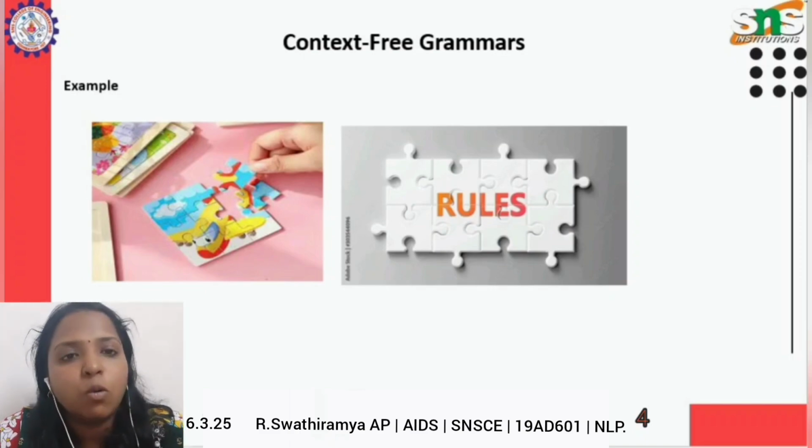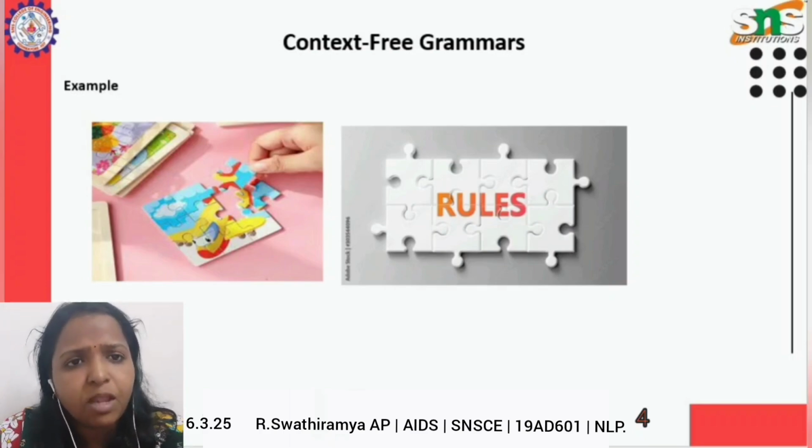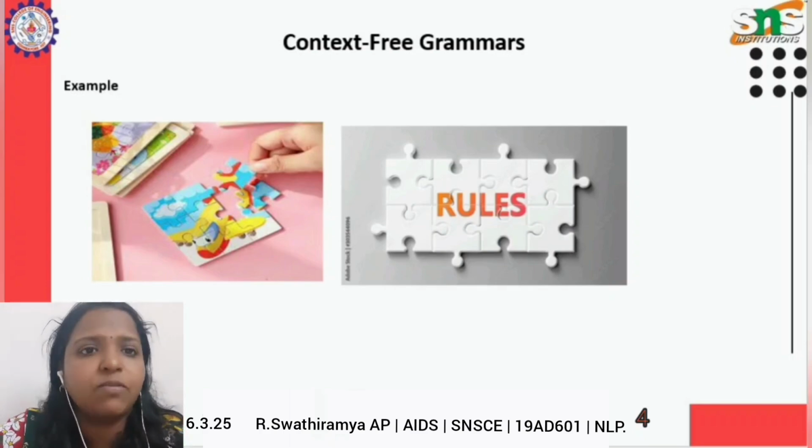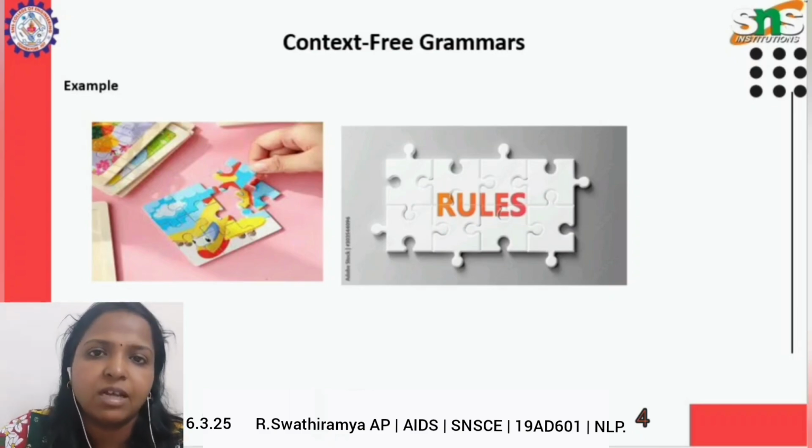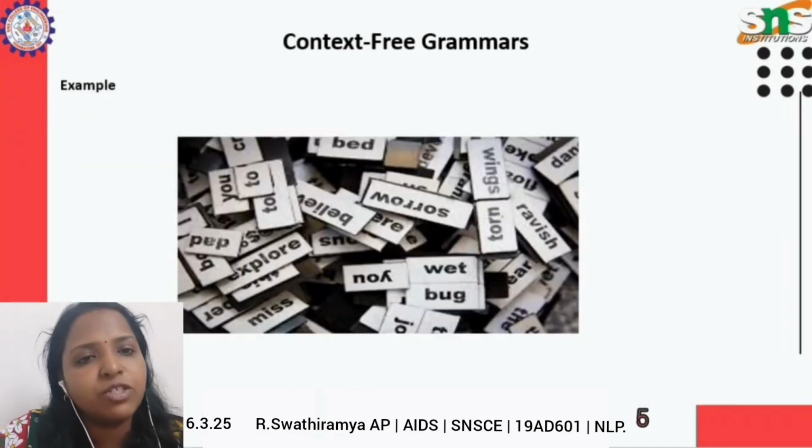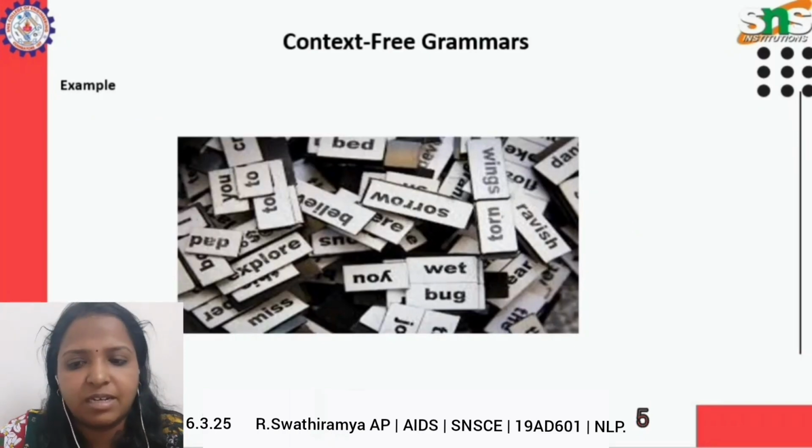Only if we place the puzzle pieces in the right place will we get the right output. Similarly, we have a bunch of words. We have to put these words in the correct order, and only then will we generate a meaningful sentence.